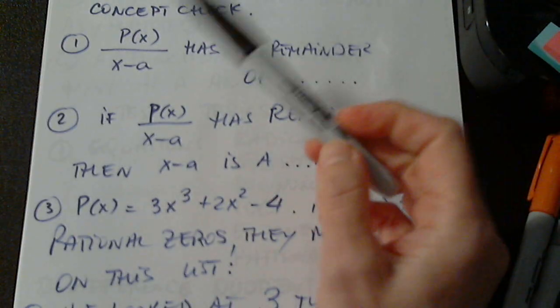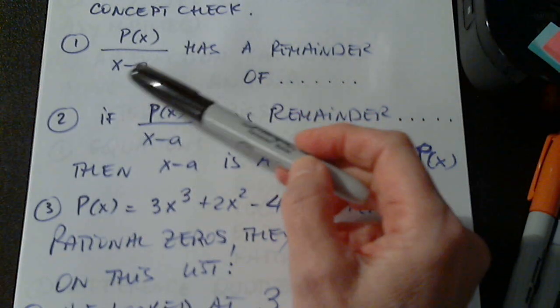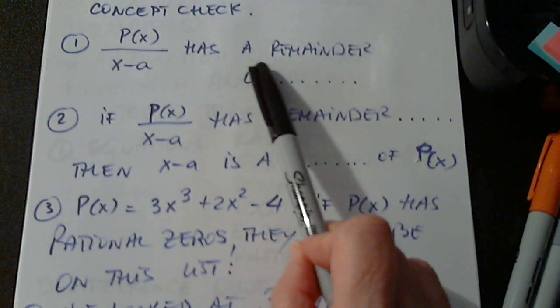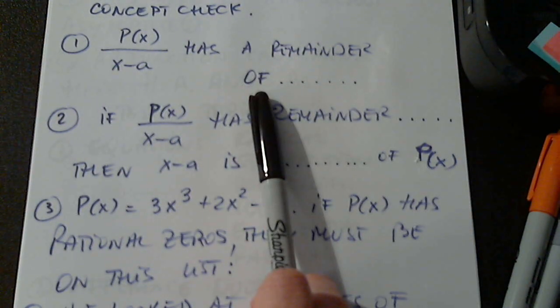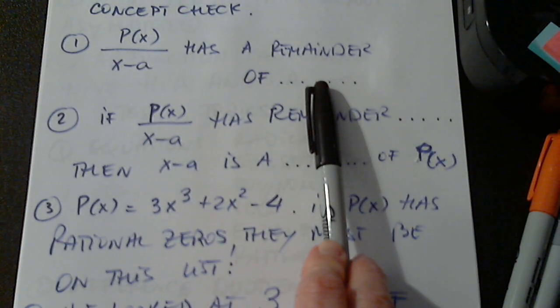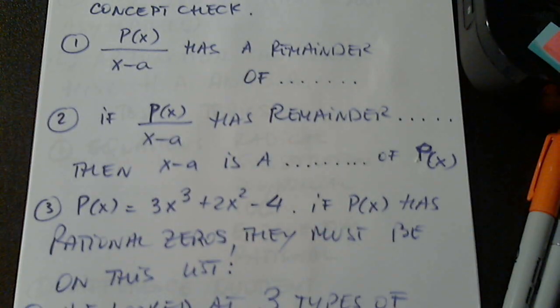Okay, so p of x divided by x minus a, a polynomial divided by x minus 5 or x plus 5, has a remainder of... Here's an example.